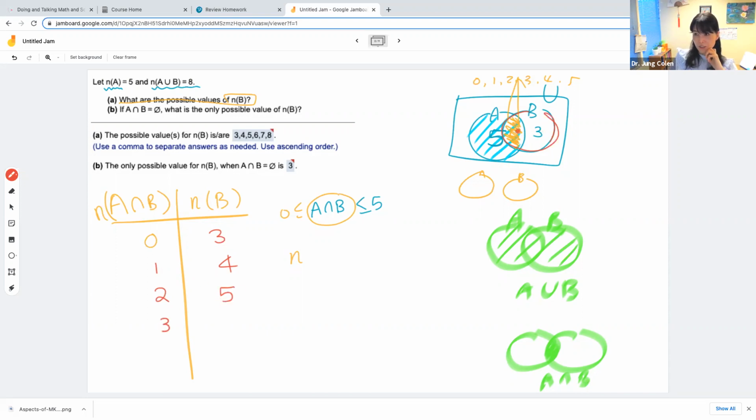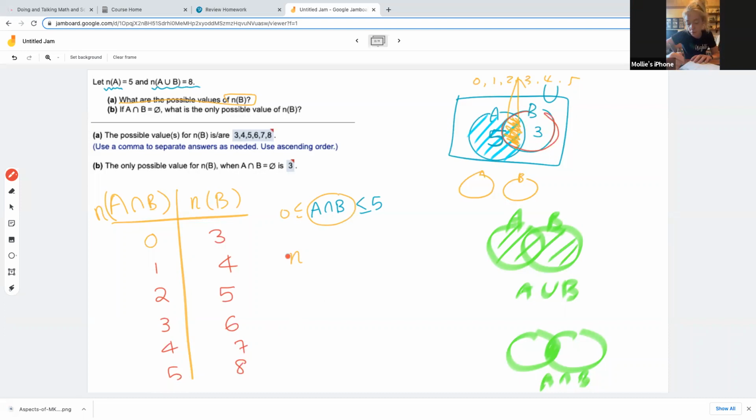If the intersection part has 3 elements, so this part and that part together, that's B. Number of elements in B should be 6. For 4, 7. For 5, there are 8. 5 plus 3 is 8, right? But that's the maximum number that we can have in the intersection part, as we wrote here.